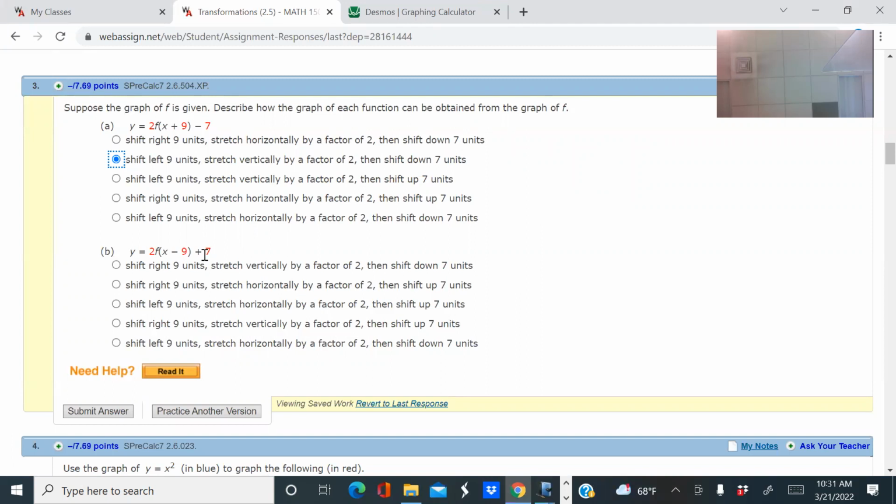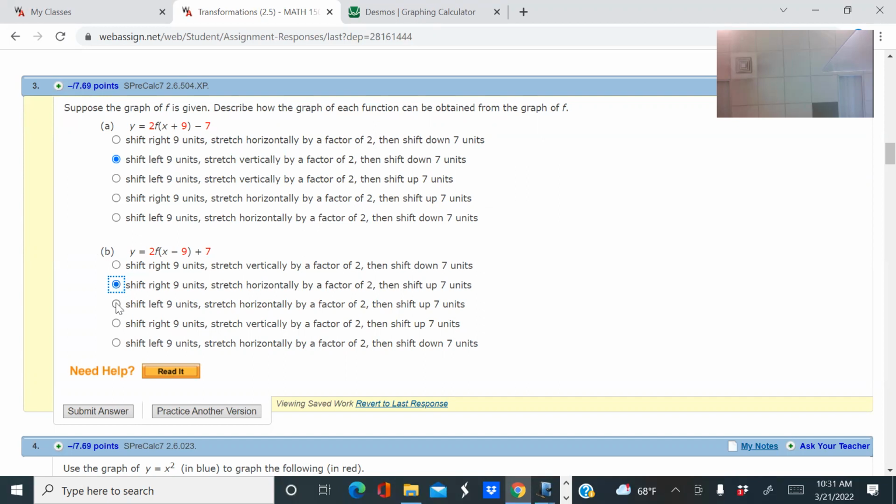All right, so now this one is pretty easy to answer too, just by looking at the previous example. We're still stretching vertically by a factor of 2, right? Except how are we shifting? Right 9 units and up 7 units. Is this the correct one? Is it the second one again?